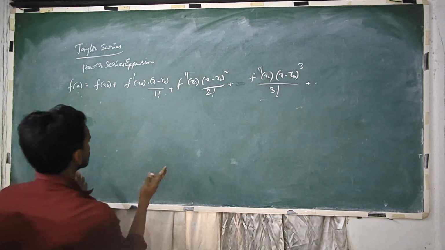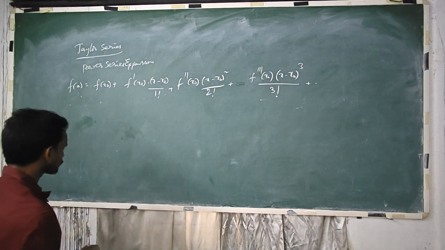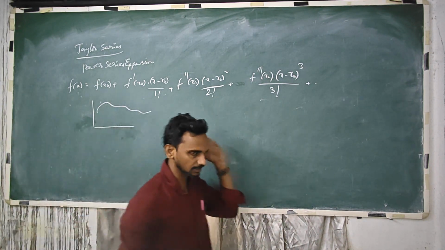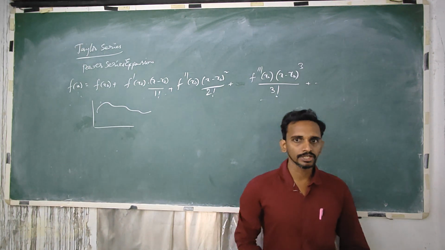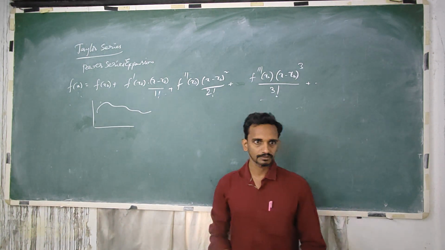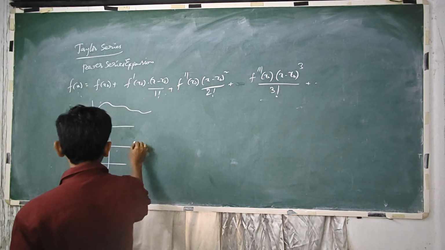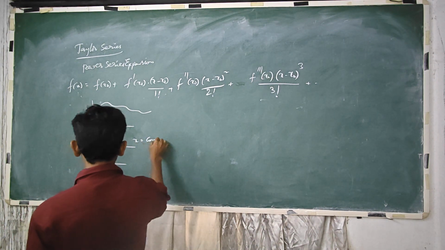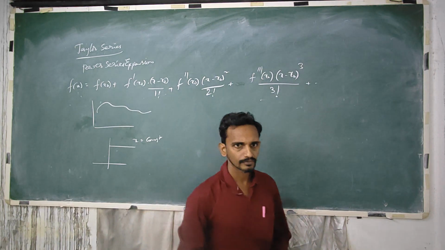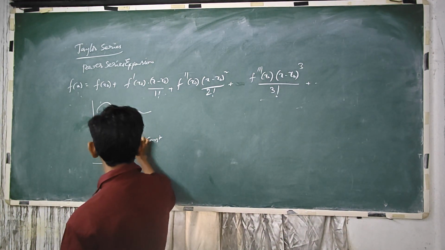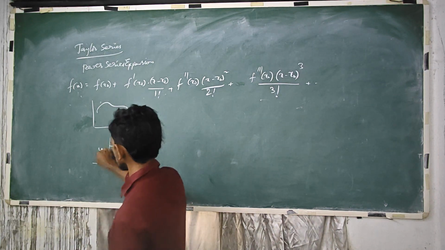Let's say you are given a curve, a graph like that, and we need to get the function form for that. We know some functions already, like let's say y is equal to constant.